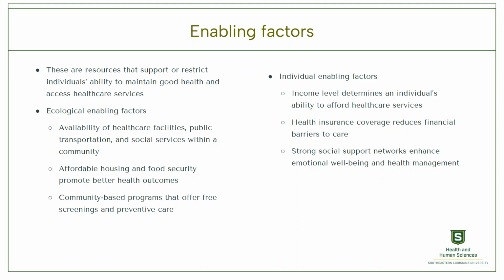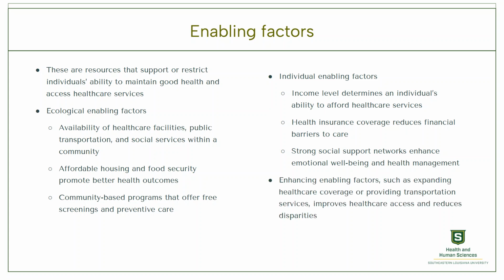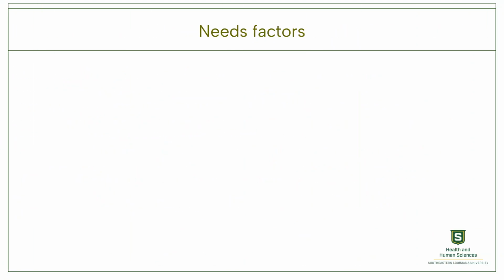So social support plays a very big role when it comes to emotional well-being and one's mental health management. So enabling factors, enhancing and expanding them, is very, very important when we're trying to look at how we are going to improve healthcare access and how we reduce disparities.